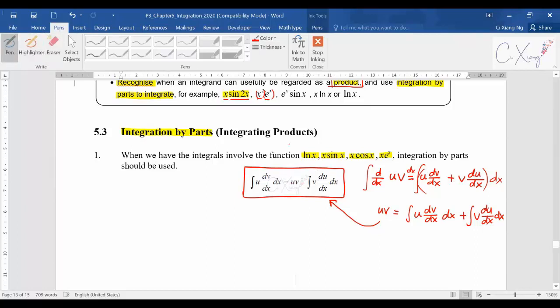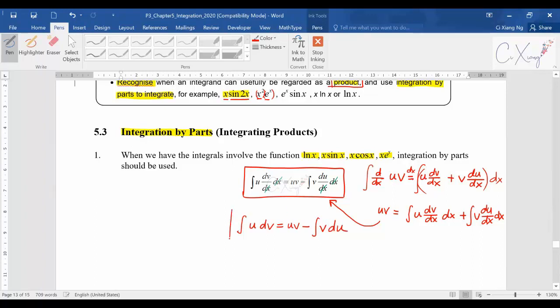Then after that, this is the formula shown in the formula booklet that we use. But when I discuss the examples with you, I will use a simplified version. If you have a look at the details here, you can see that the dx and dx can be cancelled off, and the dx and the dx can be cancelled off as well. So usually for our discussion, I will use the formula like this: integral of u dv equals uv minus integral of v du.